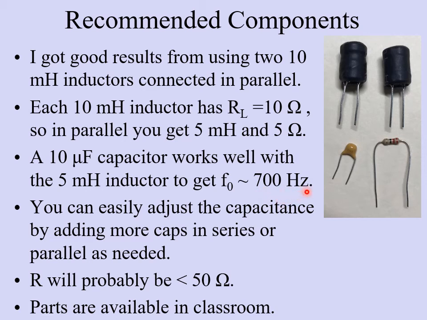That's right in the audible range where you want to have it. And then for resistance, that will depend on the design of your filter, but for most applications you'll probably be using a fairly low resistance. I think I used 22 ohms or something like that for the ones that I'm going to show you next.